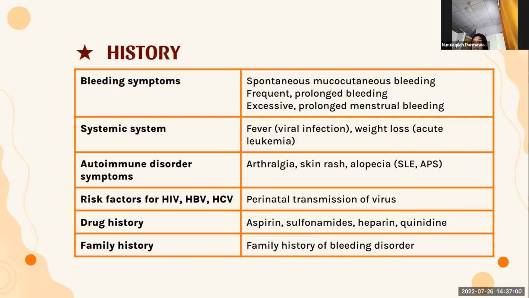For systemic symptoms, we can ask about fever, mainly to exclude a current viral infection like HIV or HCV that can cause thrombocytopenia. Weight loss to exclude a malignancy like acute leukemia.